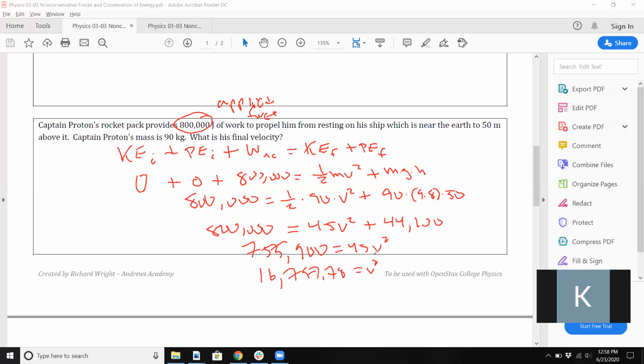And then you've got to square root all that. You should get about 129.61 meters per second.